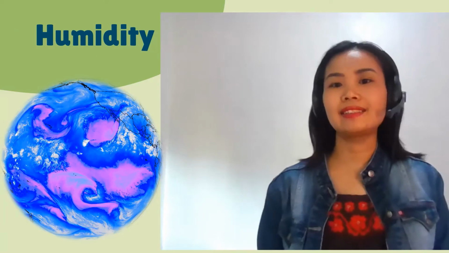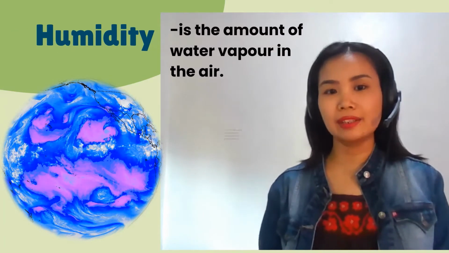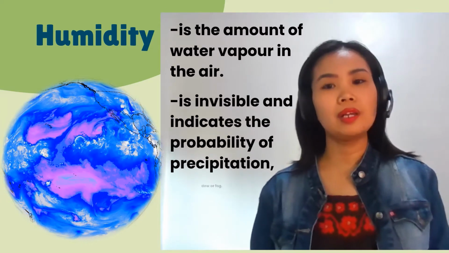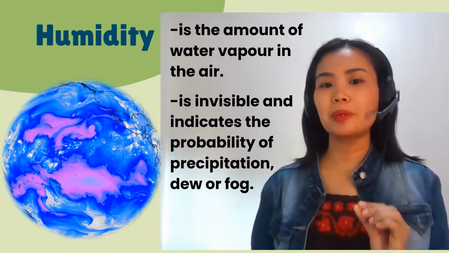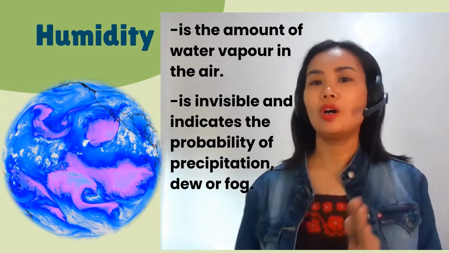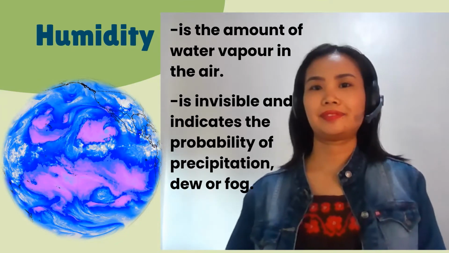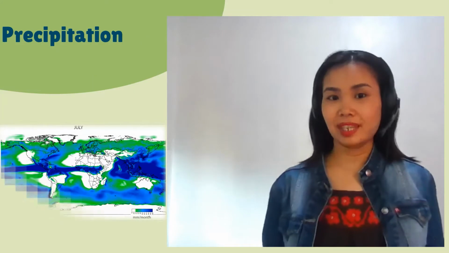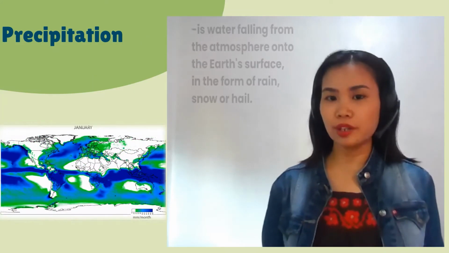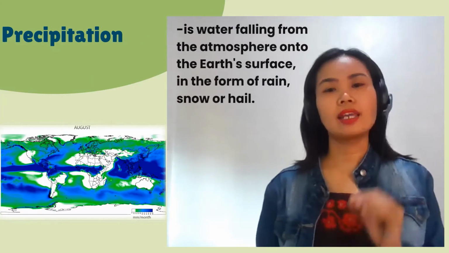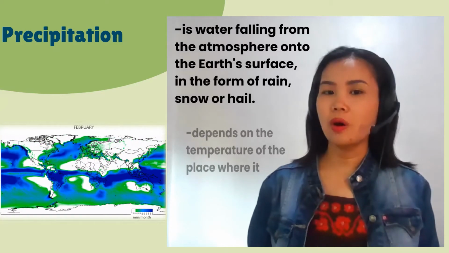Humidity. It is the amount of water vapor in the air, and it is invisible and indicates the probability of precipitation, dew, or fog. Precipitation. It is water falling from the atmosphere onto the Earth's surface in the form of rain, snow, or hail.